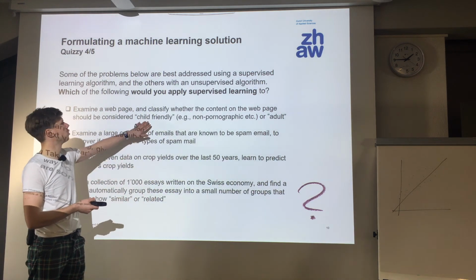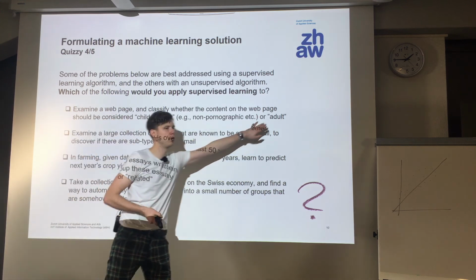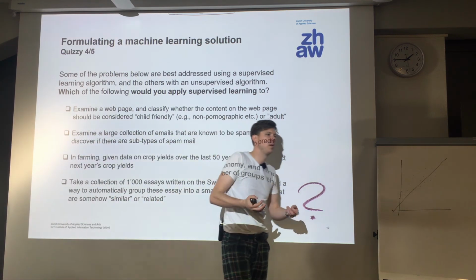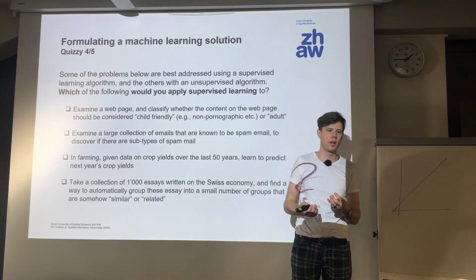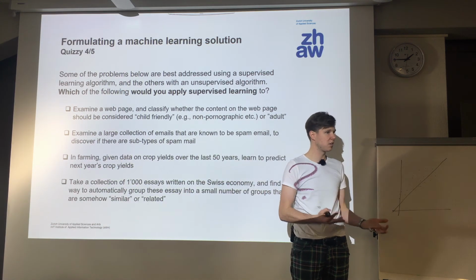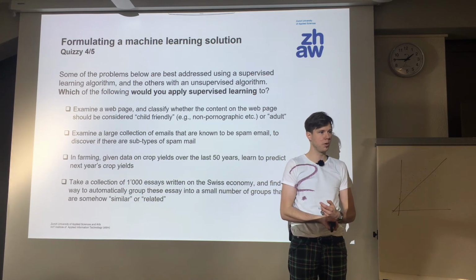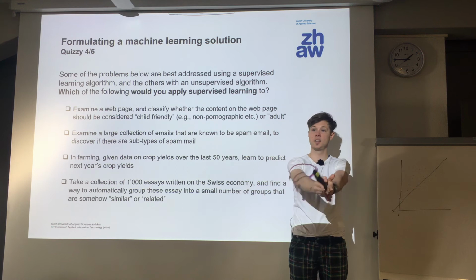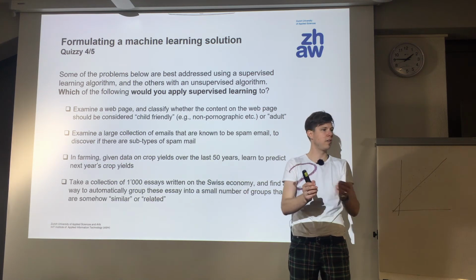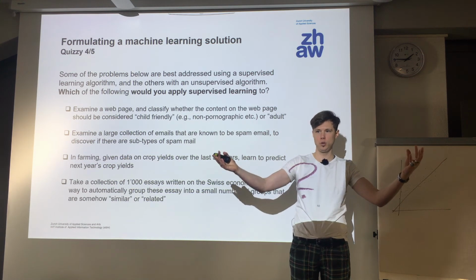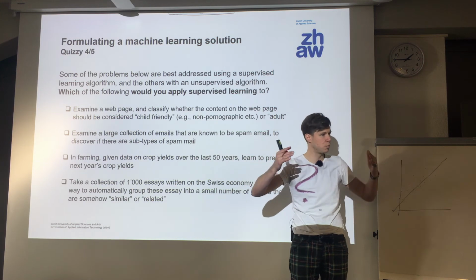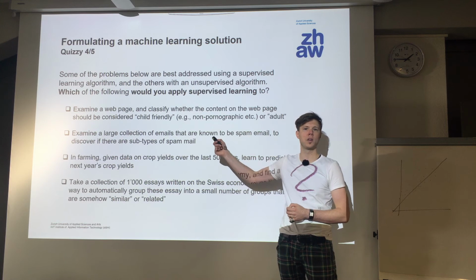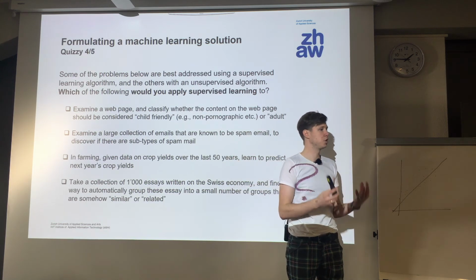You could also say two classes, child-friendly versus adult, and then it's classification. Usually you have a better outcome when you have the chance to do supervised learning, because you can give a stronger learning signal to the algorithm if you can provide it with correct answers for every possible input. So if you can treat it as supervised, I would treat it as supervised in general.